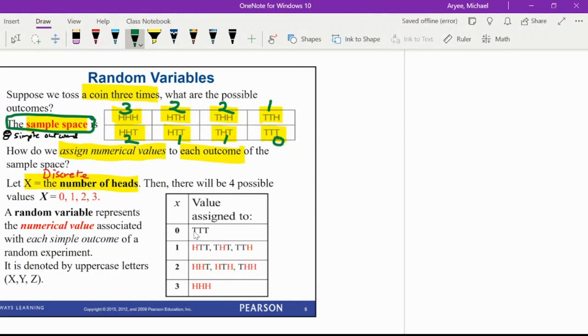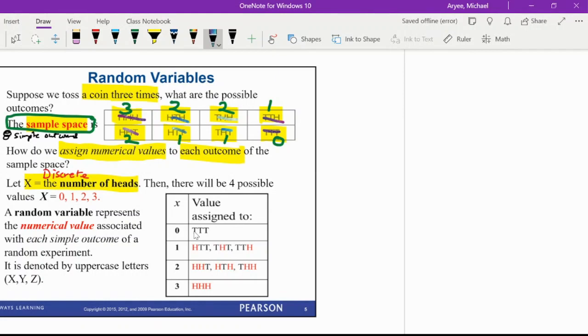So what I have succeeded in doing here is that for each outcome I have assigned a number. I may decide that I don't need the simple outcomes again, because I now can use the numbers to represent each simple outcome.